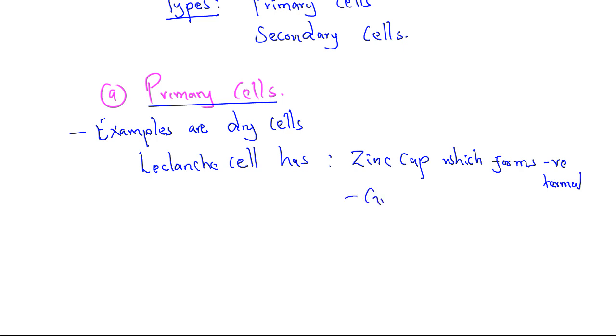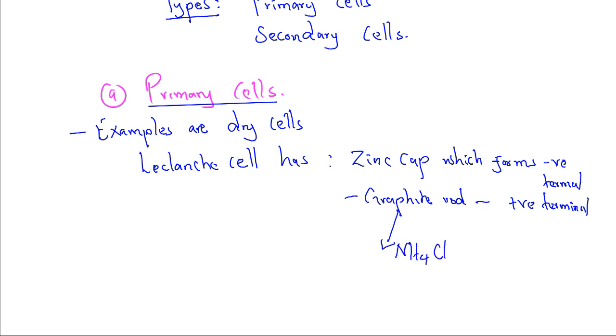It has a graphite rod, which forms the positive terminal. The graphite rod is surrounded with ammonium chloride paste, zinc chloride, and manganese 4 oxide mixed with carbon.